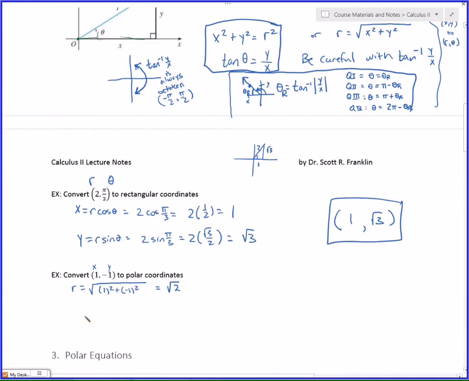All right, now, to find theta, I'm going to graph it first. Where is the point 1, negative 1? It's down here. Okay? So first I'm going to do theta sub r is tangent inverse of y over x. So that's tangent inverse of 1.